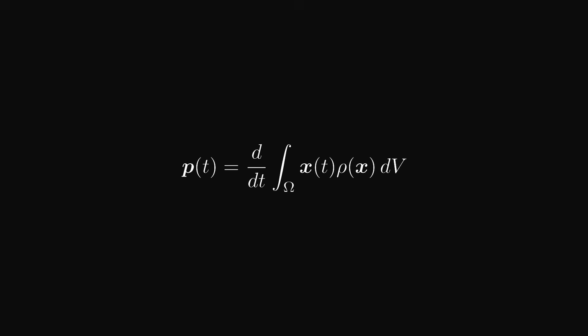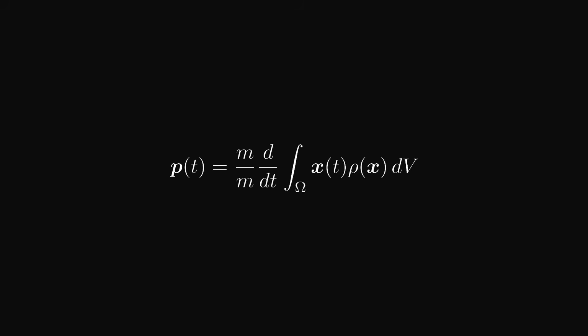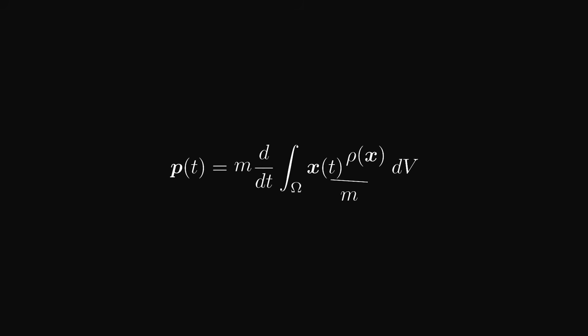Next, the expression is multiplied by 1, the total mass of the object m divided by itself. This is done so that the mass in the denominator can be distributed to the integral terms. It might not look like all of these seemingly random conversions helped, but let's think about what this integral represents here. Conceptually, for each point mass x of the object, we multiply it with its mass divided by the total mass, and everything is summed up.